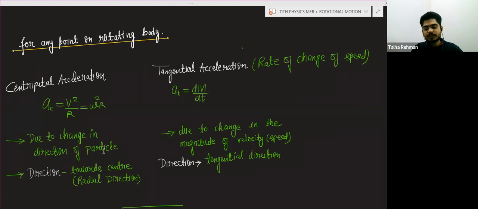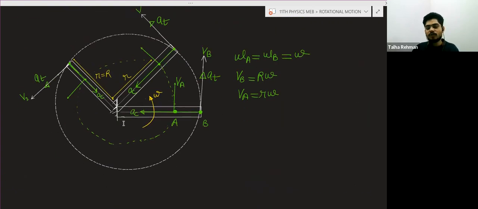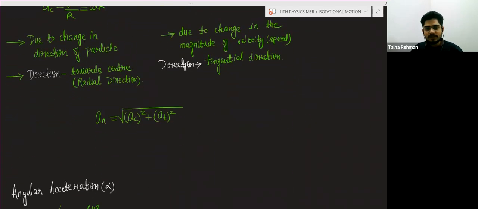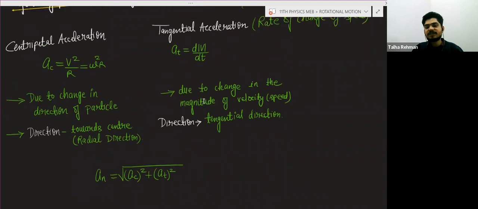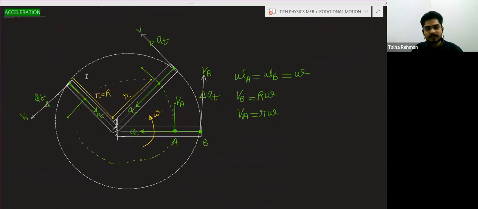Change in the direction of the particle or body. The direction of centripetal acceleration is always towards the center, or towards the axis of rotation. And the direction of the tangential acceleration is tangential.